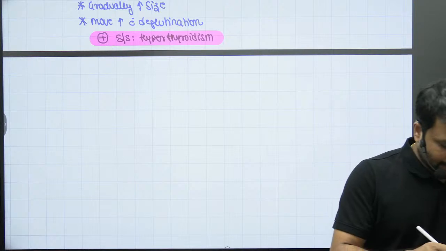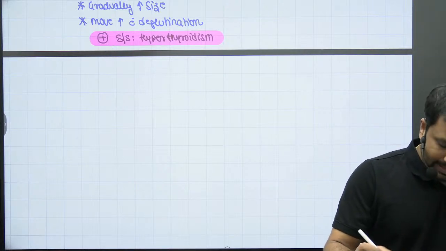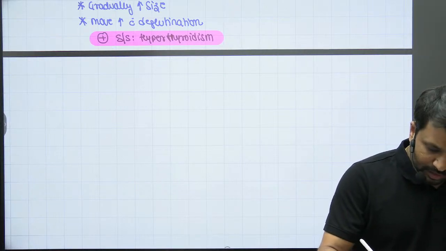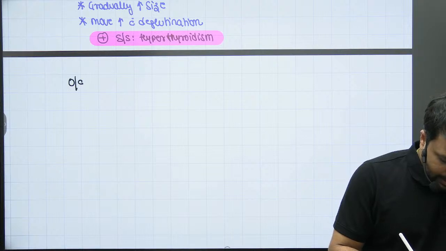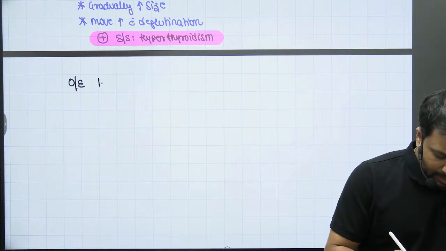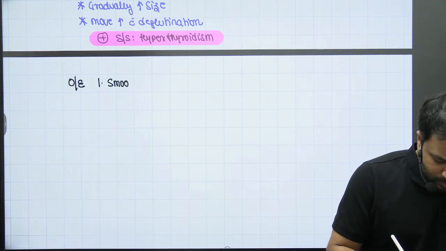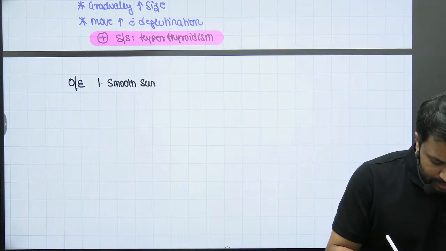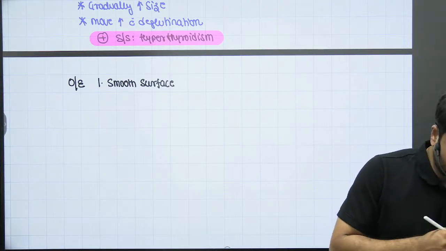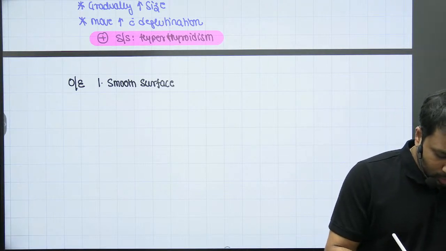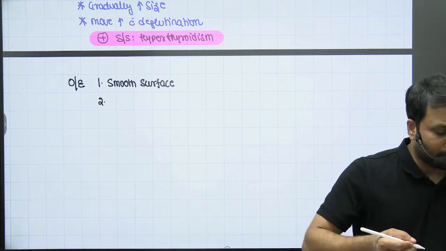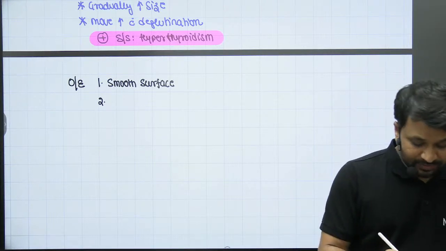Now, when you examine these patients, right? On examination, especially in Graves', what are the examination findings? Number one, it is going to have a smooth surface because it is a uniform enlargement. There will be increased vascularity of the gland.